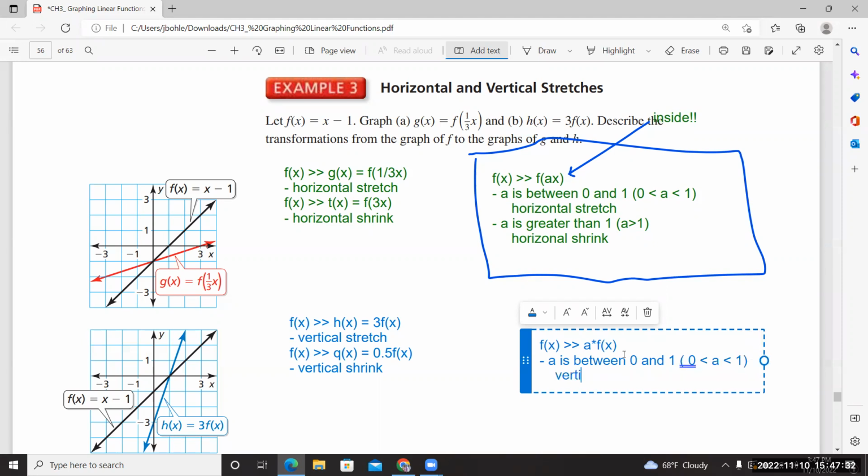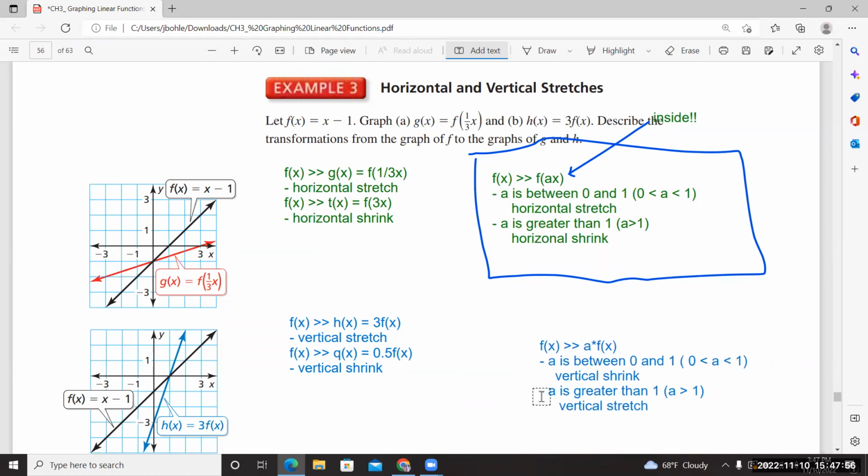That is going to be a vertical shrink. What if a is greater than 1? What's that going to do? It's going to be a vertical stretch.